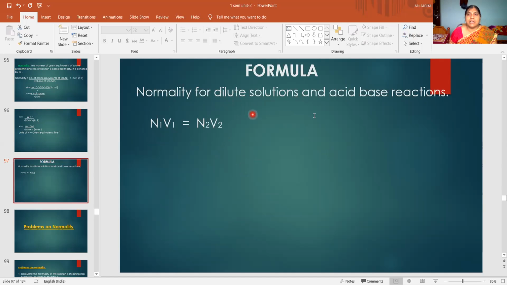Here for normality, for dilute as well as acid-base reactions, the same formula is used, that is N1V1 equal to N2V2. First terms are before dilution and second terms are after dilution.